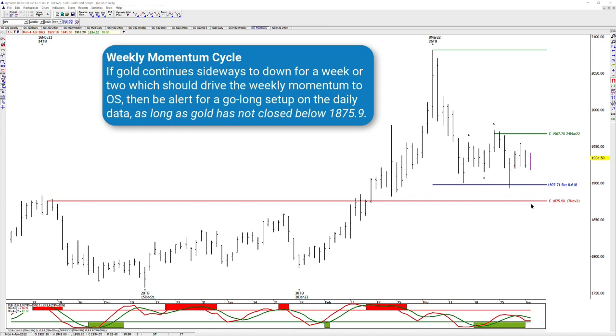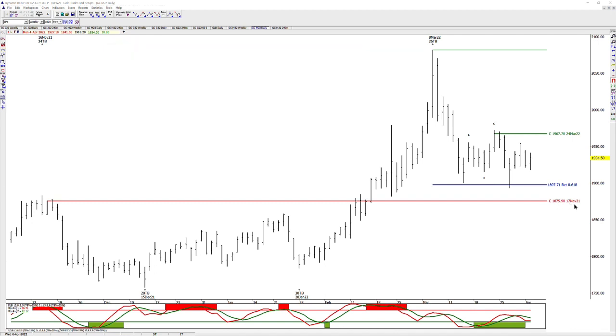Now that's as long as gold has not closed below 1875.90, the November 17th high. And we're going to look on a weekly closing basis. That's the more important one. So should that happen, that should be a great setup on the long side, again with that potential to continue to a new high.